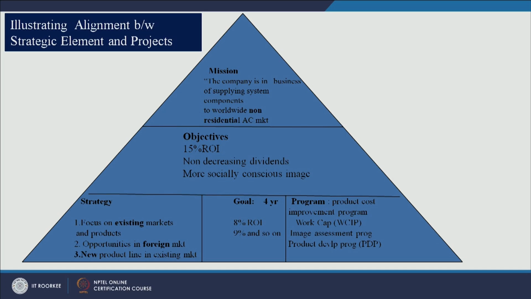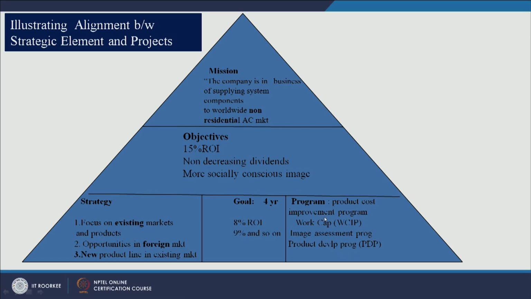Now, this can be achieved through different programs. So, let us say you can have a product cost improvement program or working capital improvement program. You can have image assessment program, product development program.